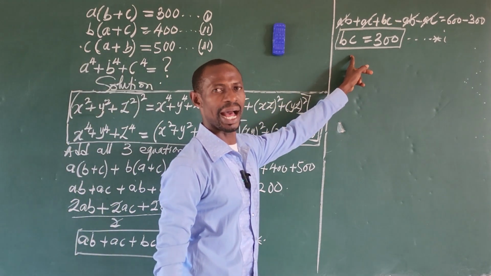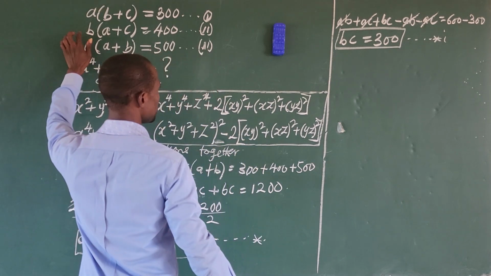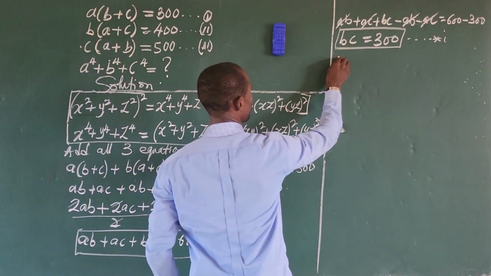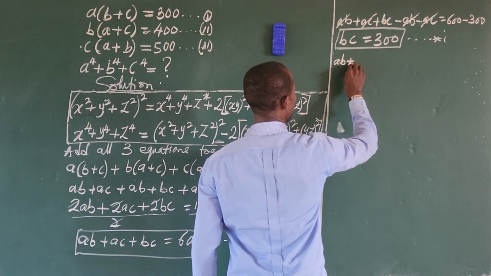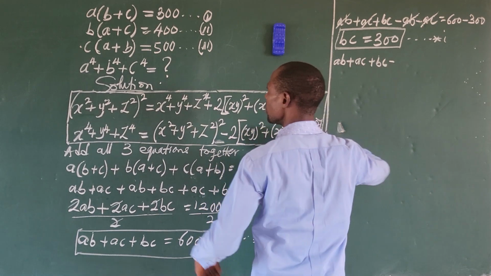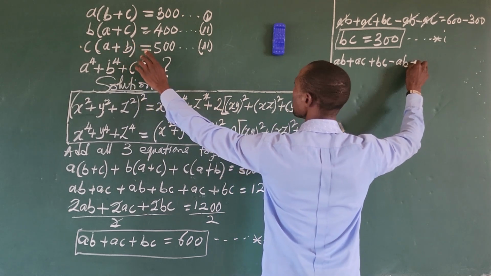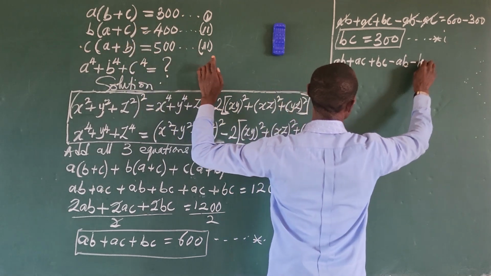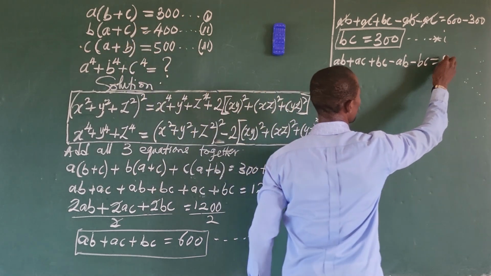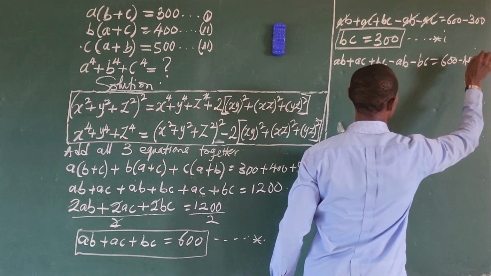So we have to go ahead and look for our AC. Now we do the same thing. We subtract from the solver equation, which is AB plus our AC plus our BC, minus this, which is going to give us minus AB minus BC, equal to 600 minus 400.